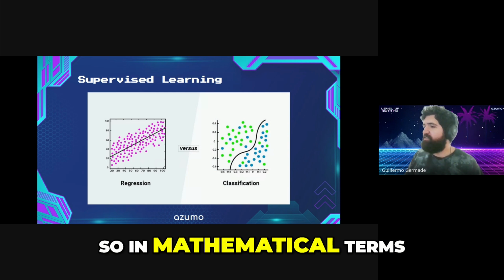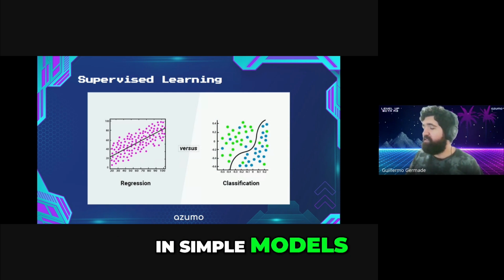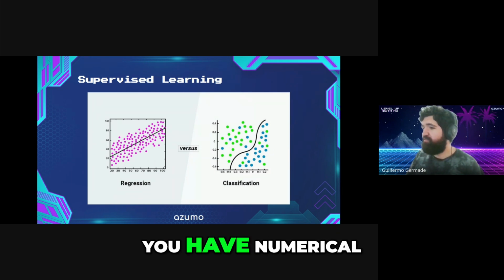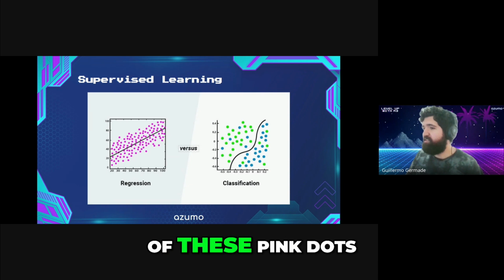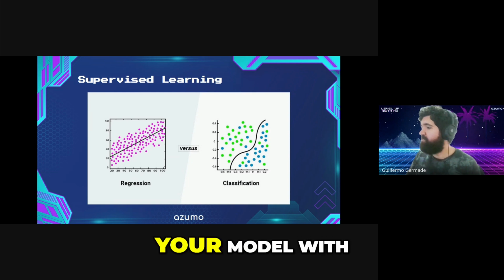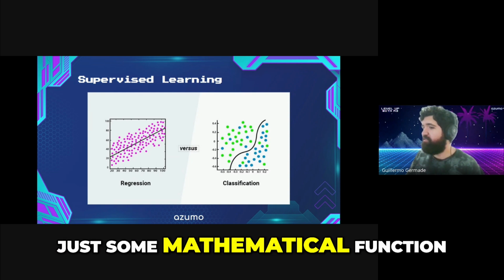So in mathematical terms, what regression and classification look like in simple models is like you have numerical data for the regression, and then all of these pink dots here are the different data points that you are using to train your model with. And then the model is just some mathematical function.